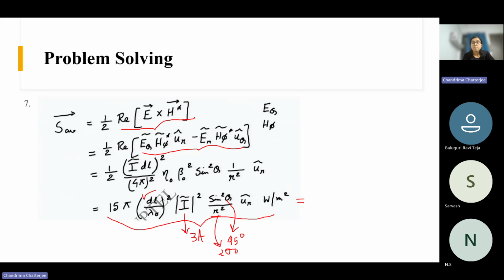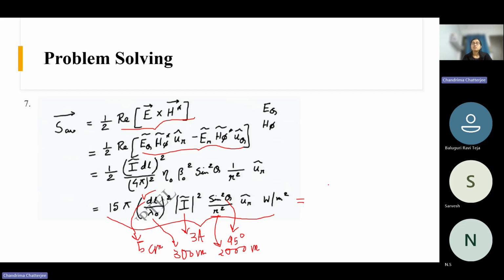And dl was the length of the current element, it was 5 centimeter. And the wavelength we calculated was 300 meter.